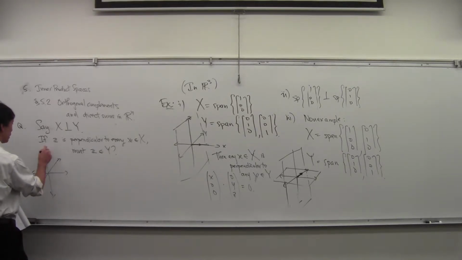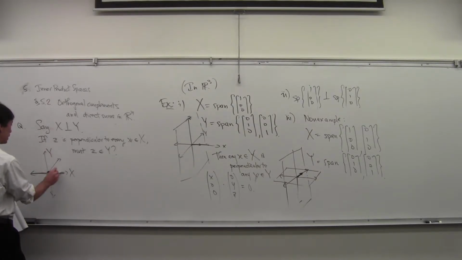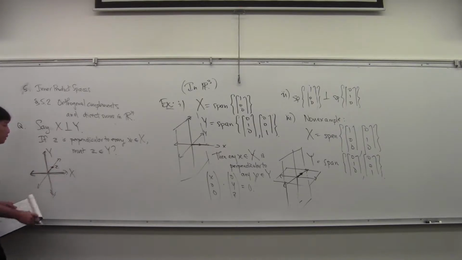Here is x. X is this axis. Y is this axis, right? But you could have some other vector that's perpendicular. This is your little z, right? Little z is perpendicular to x, but it doesn't lie in y. Okay.